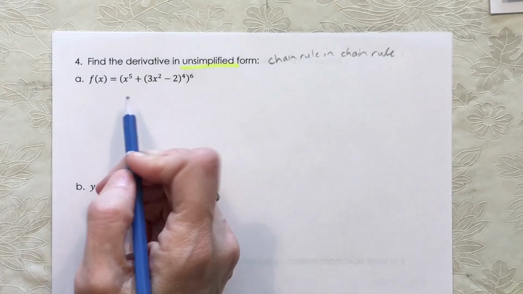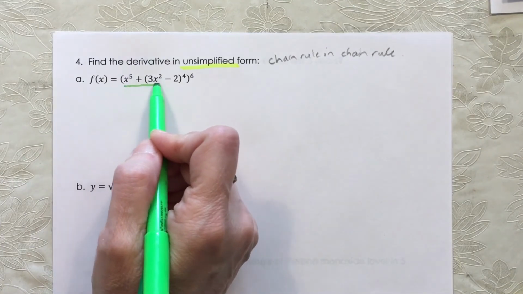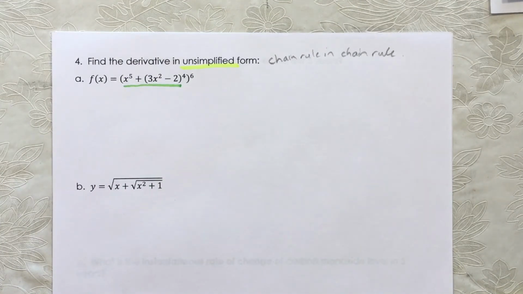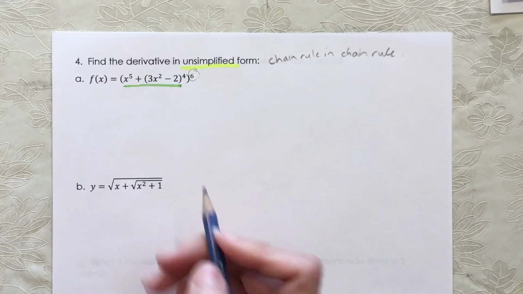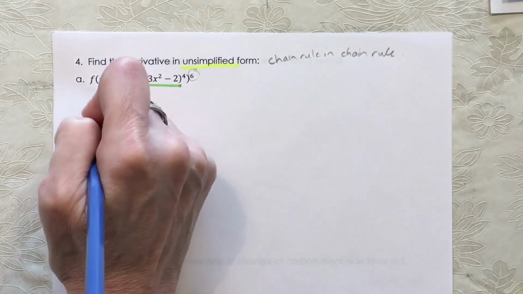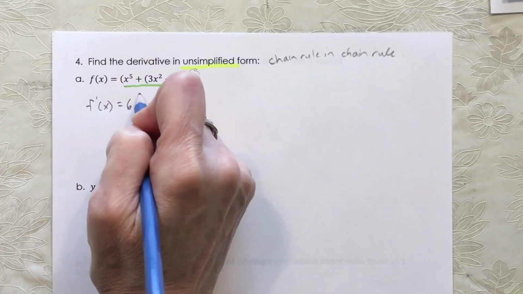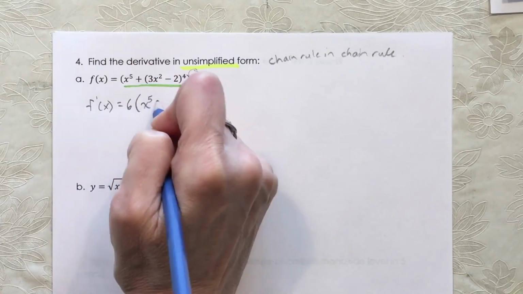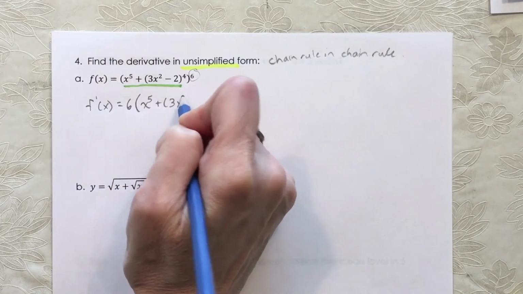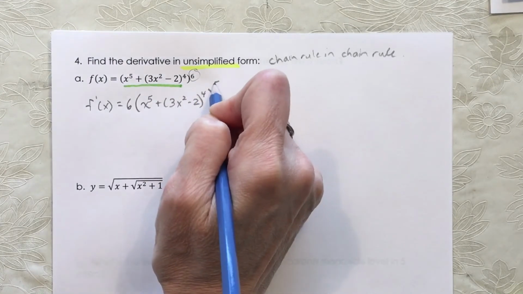So first of all, this is like a power function. So we've got this function all to the power of 6. So by just doing the outer derivative, we know that f prime at x is going to be 6 times, doesn't matter what is under that green line, we just recopy it, and then to the 5th.